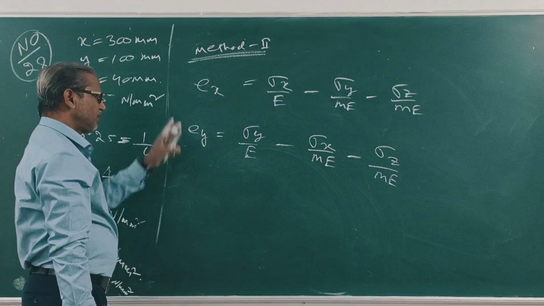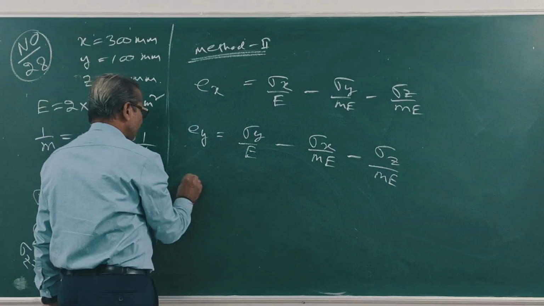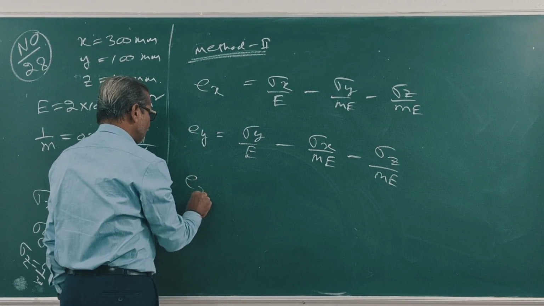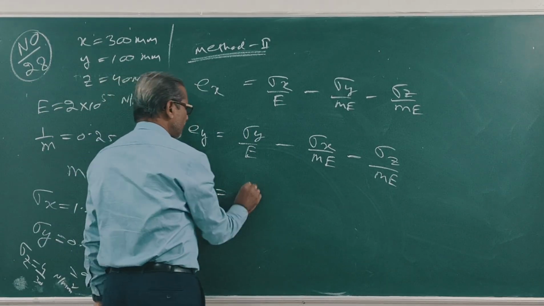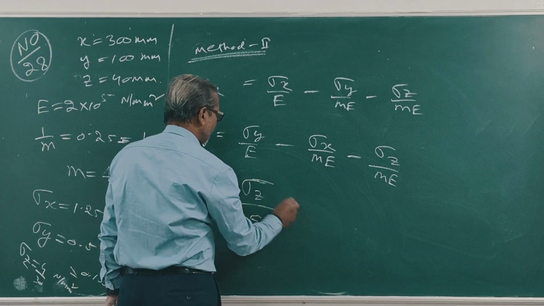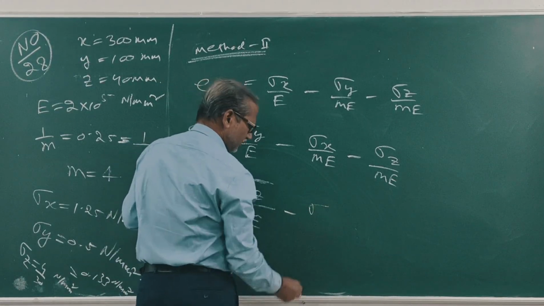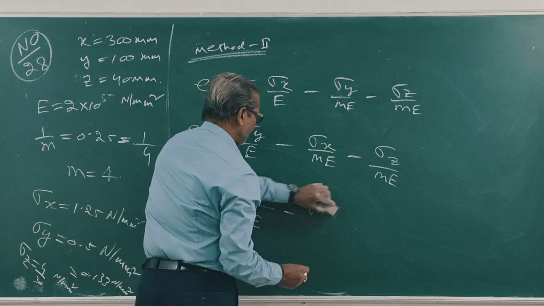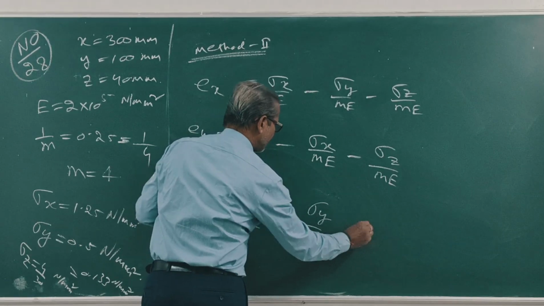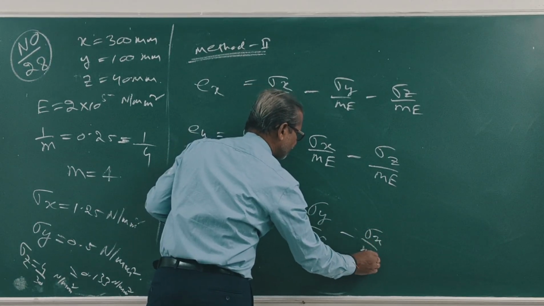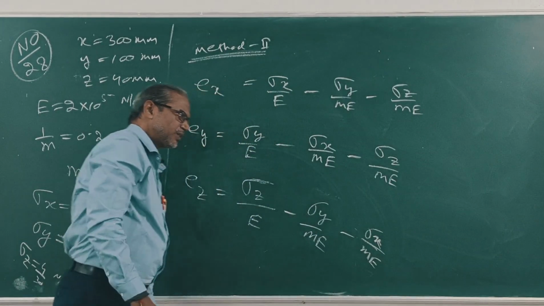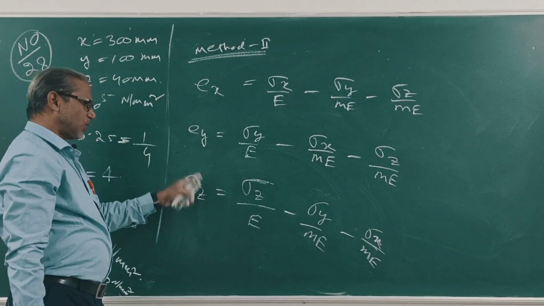Similarly, the resultant strain in z direction: εz is equal to σz by E minus σy by mE minus σx by mE. Right? This is the strain in x, y, z directions.